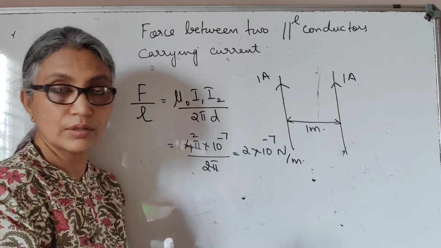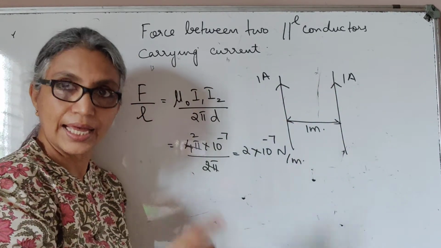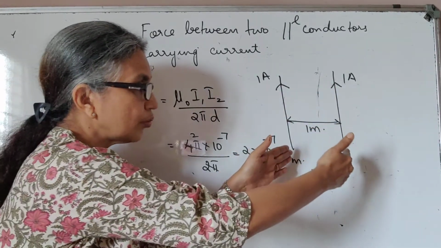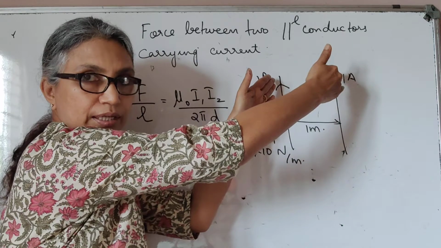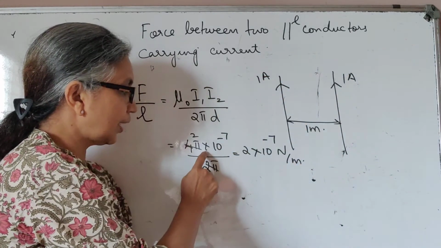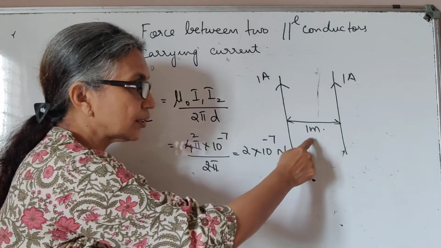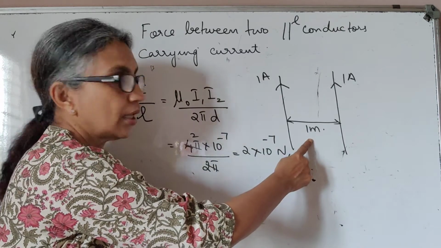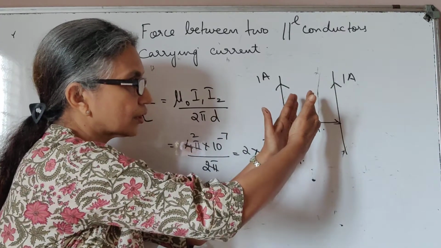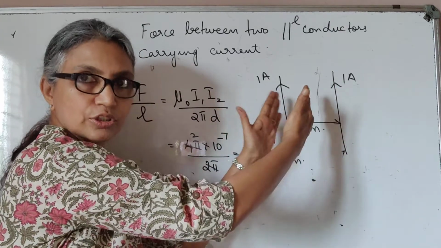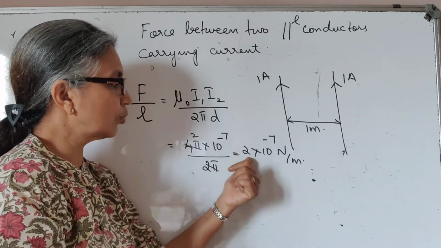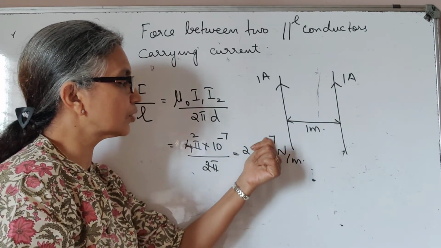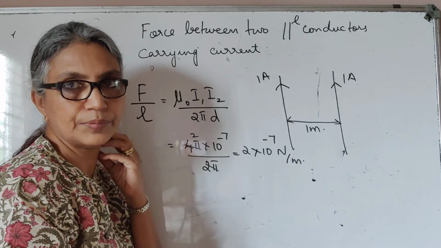So you may define 1 ampere current as that current which, when flowing through two parallel conductors placed in air or vacuum at a distance of 1 meter, experiences an attraction or a repulsion equal to 2 into 10 raised to minus 7 Newton per meter.